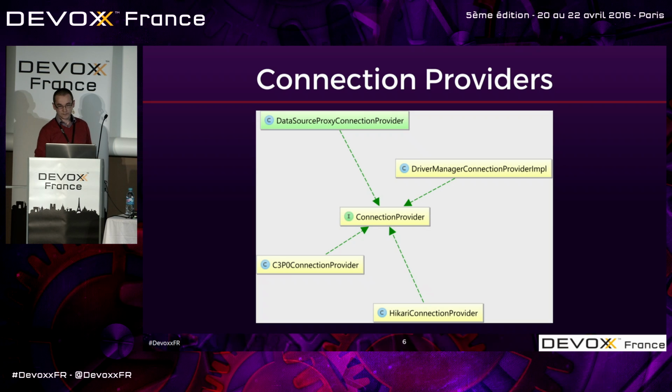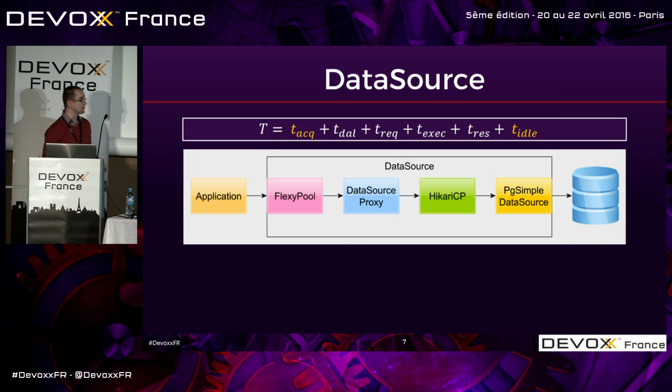is to use the DataSource proxy connection provider, because as we can see in the following diagram, the data source allows us to just expose an interface to our application. Then we can chain as many data sources as we want. In this case, we are connecting to Postgres, so we're using the data source they provide through their driver.